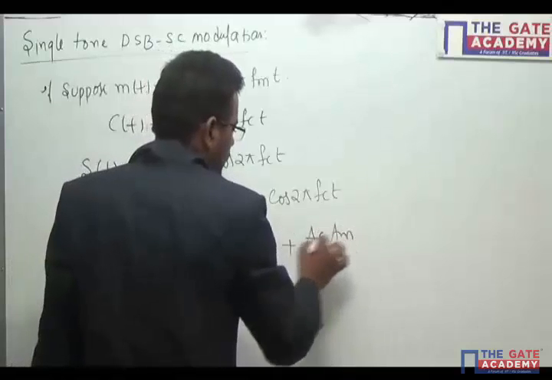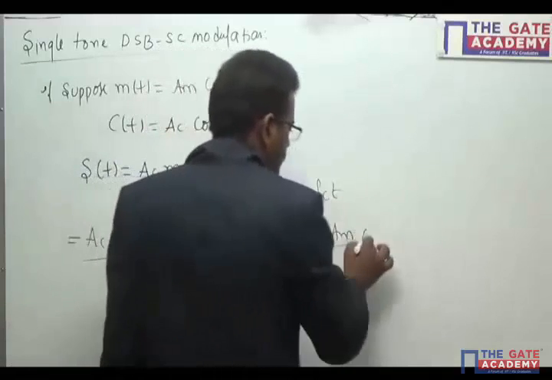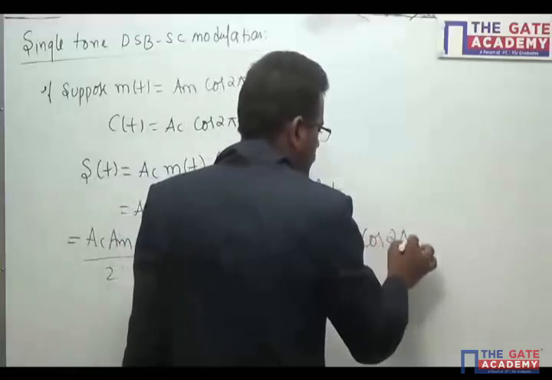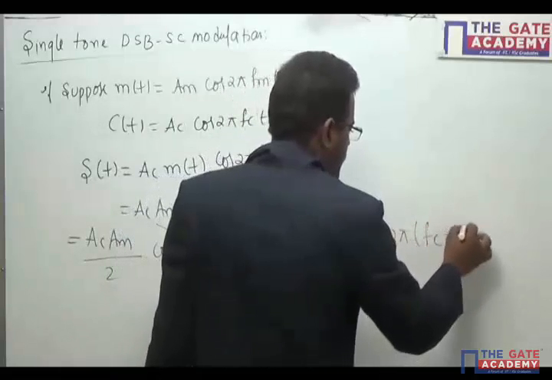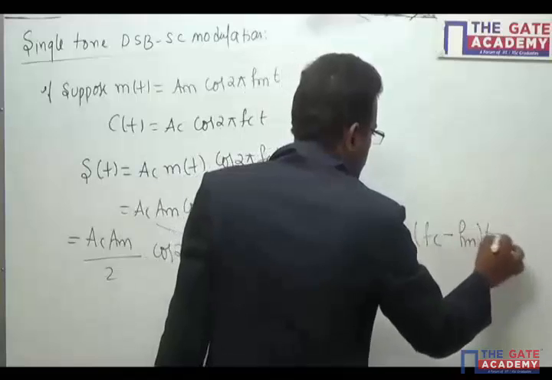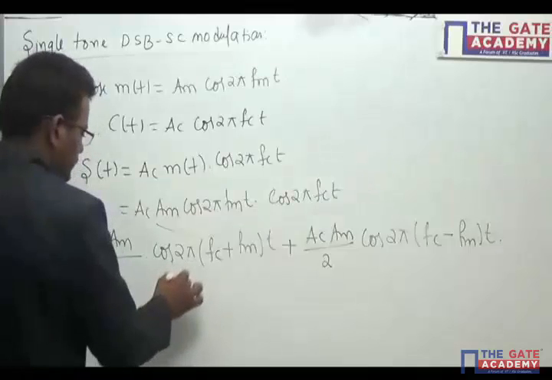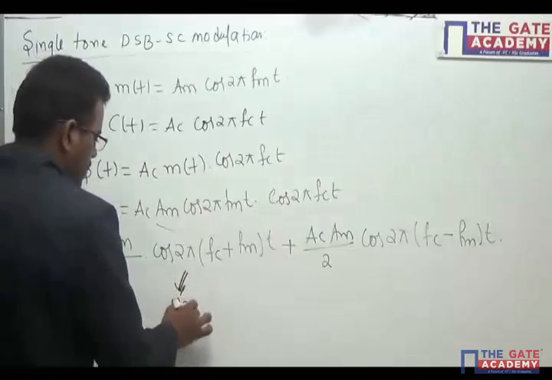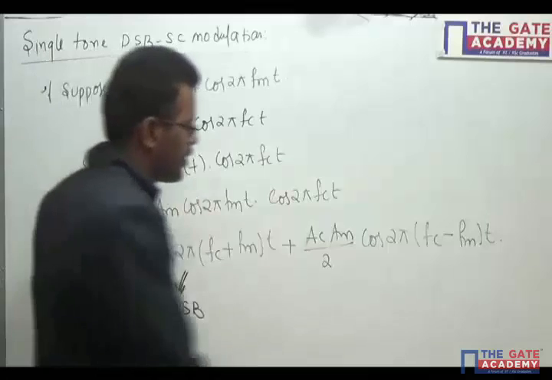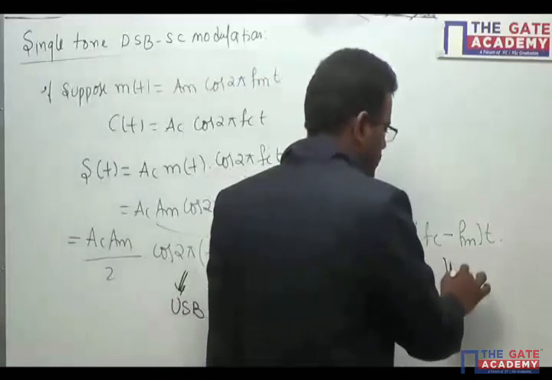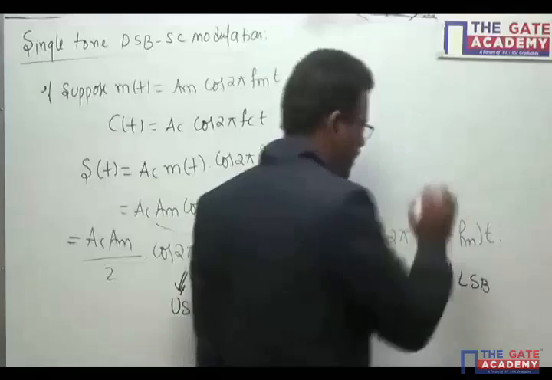Plus Ac Am by 2 into the lower side band, cos 2π(fc minus fm)t. fc plus fm is called the upper side band. fc minus fm is called the lower side band.